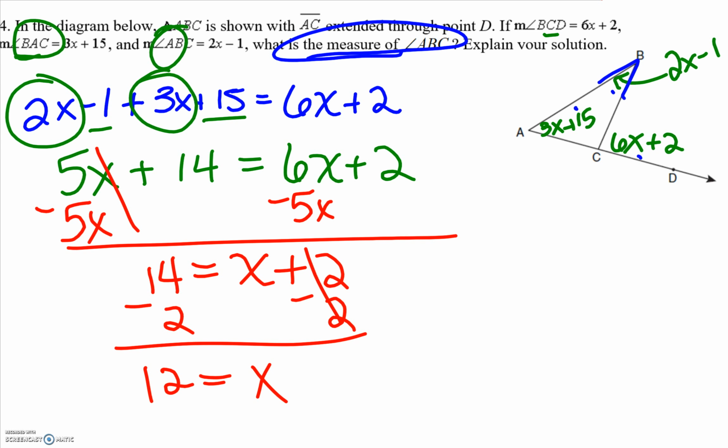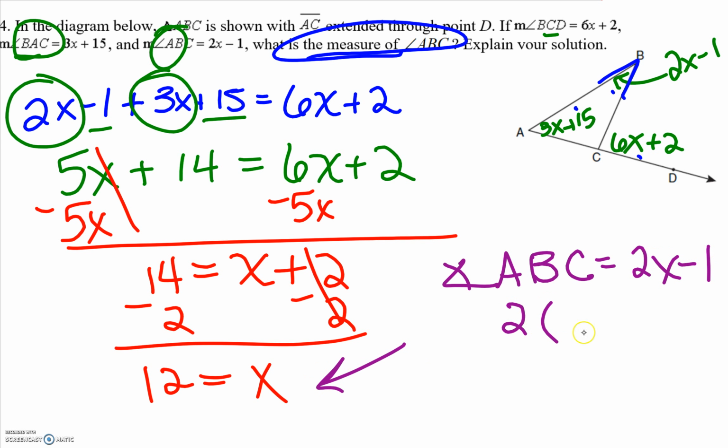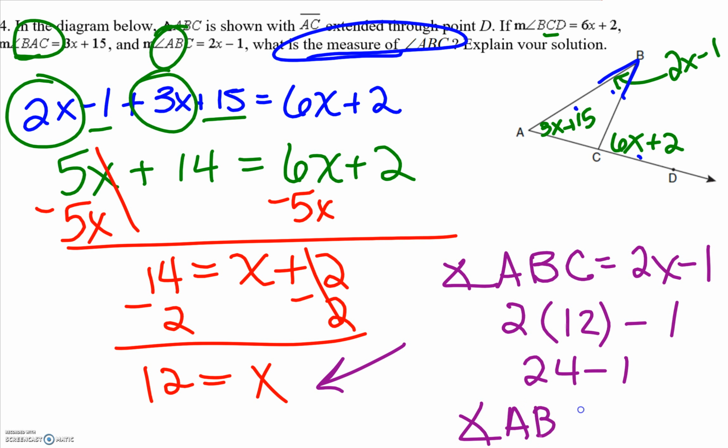We want to figure out what is the measure of angle ABC. So ABC we had as 2x minus 1. We're going to take our value of x and substitute it back in. So 2 times 12 minus 1, 24 minus 1. The measure of angle ABC is equal to 23.